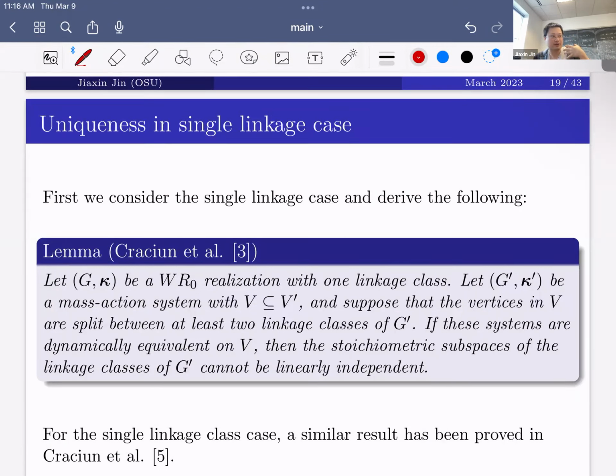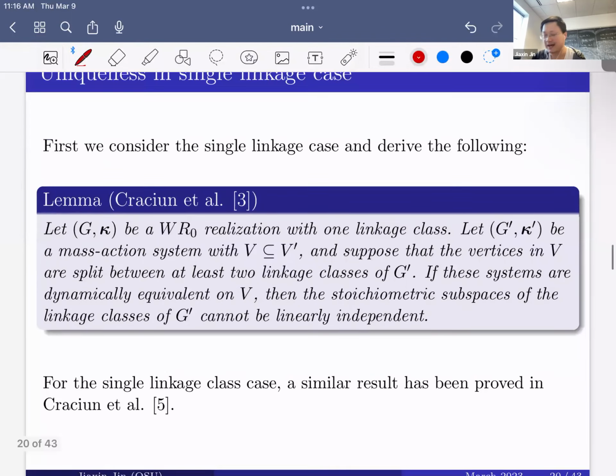So there's no free space for you to go around from relation A to relation B, because the dimension will restrict the linear dependency between W1 to Wn. Therefore, if you have two different relations, then at least one of them should break this deficiency equal to 0. It will break the linear independency.